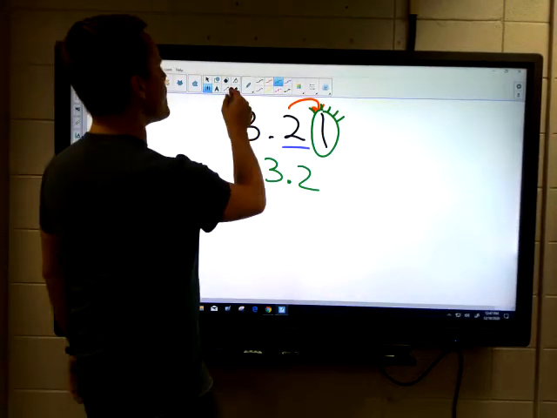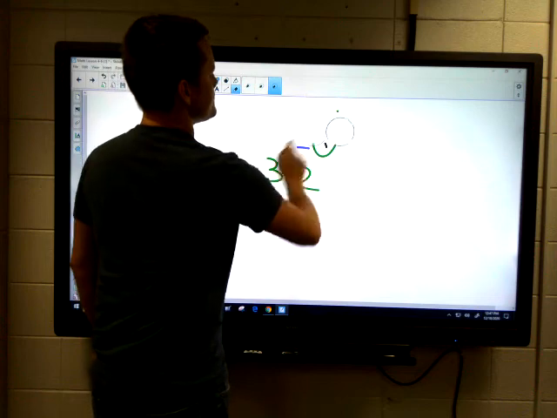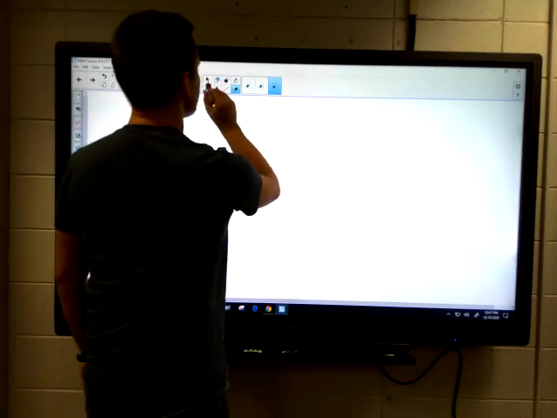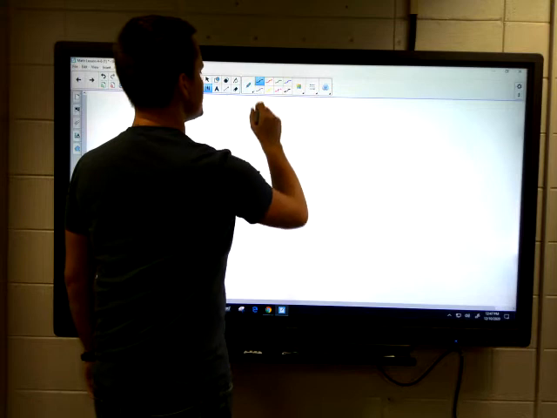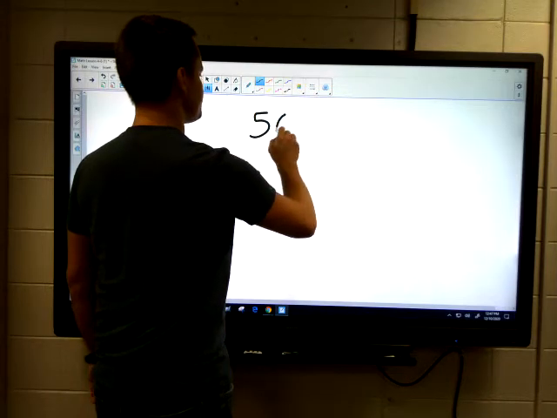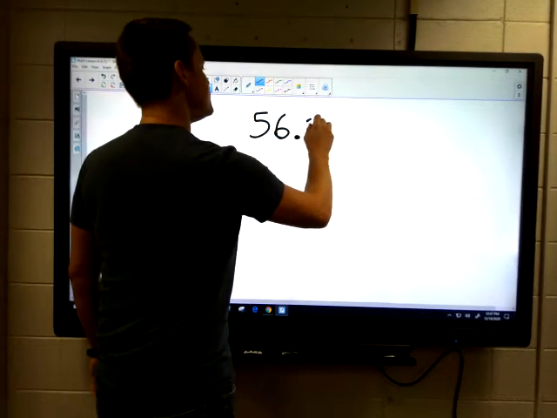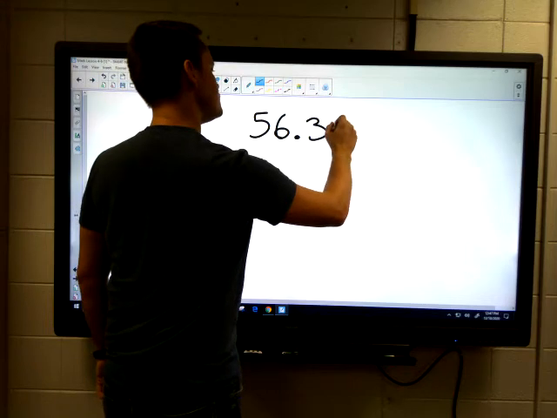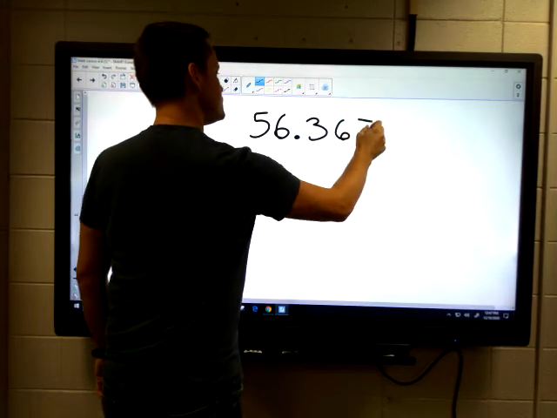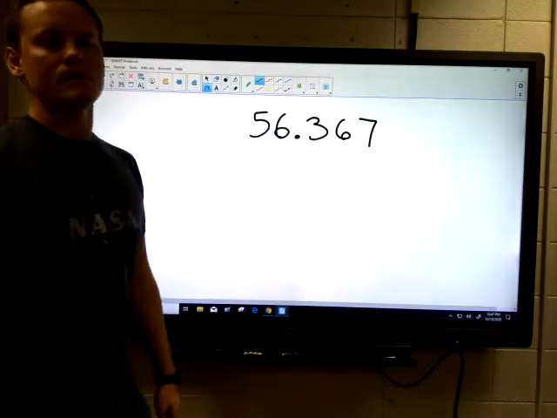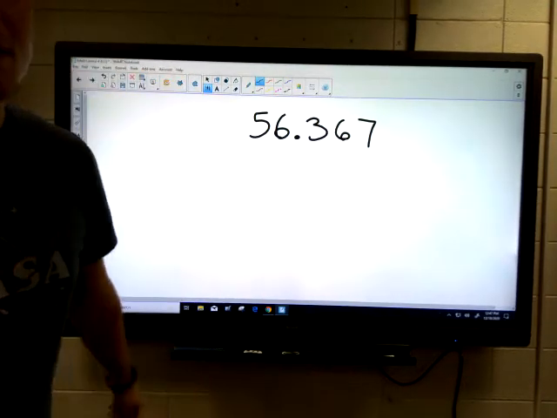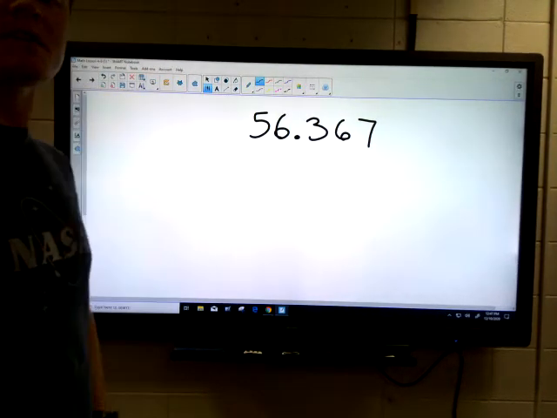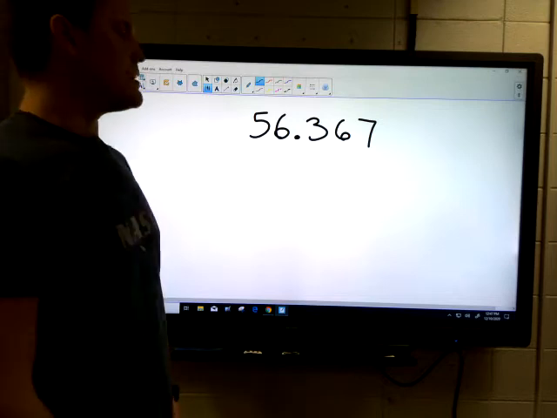Okay? Last problem today for our mental math is going to be another rounding one, but it's going to be a little bit more challenging. Let's see if you guys can do it. I'm not going to underline the digit that you're rounding. I'm just going to tell you what to round it to.